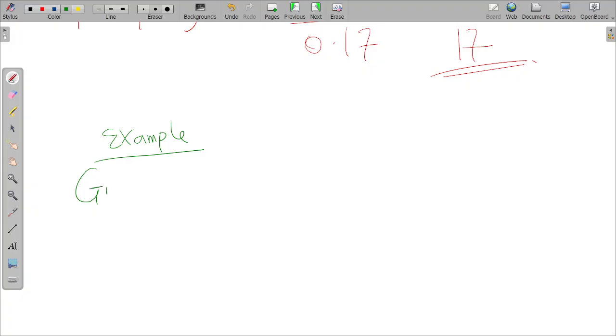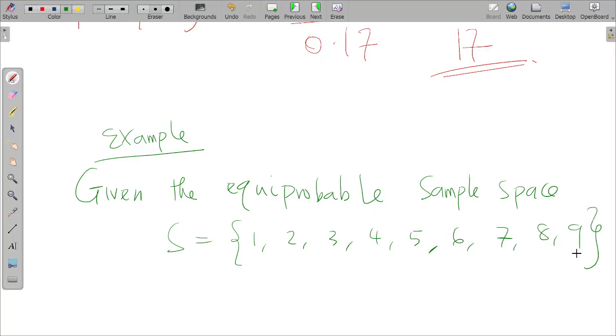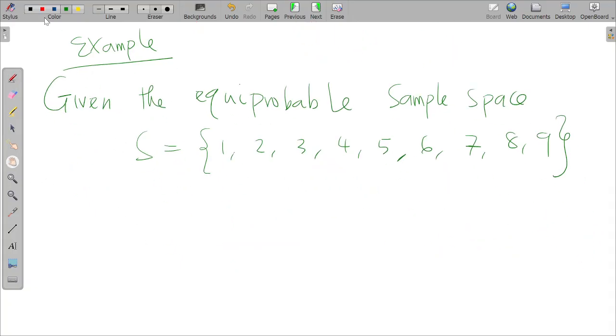Okay, let's take another example. Okay, this says given the equiprobable sample space, 1, 2, 3, 4, 5, 6, 7, 8, 9. Okay, we're given this one.